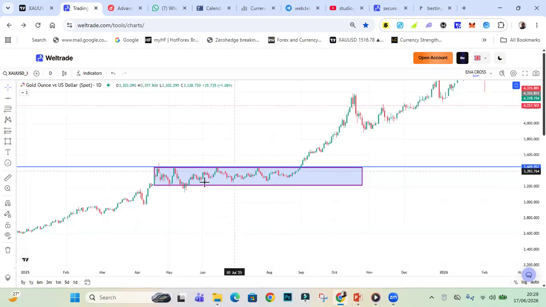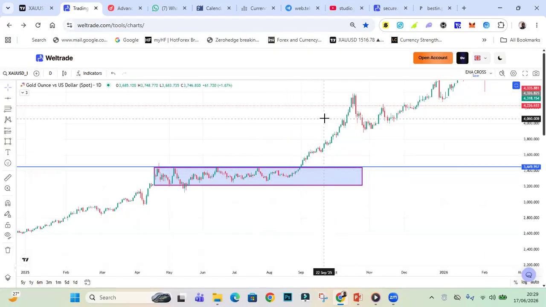Now this place is a resistance. So you can see what happened. The price came, touched it the first time, it rejected, it came down again. Came the second time, rejected, it came down again. Came the third time, rejected. Came the fourth time, rejected, it came down. So by the fifth time, what happened? The price broke through it.